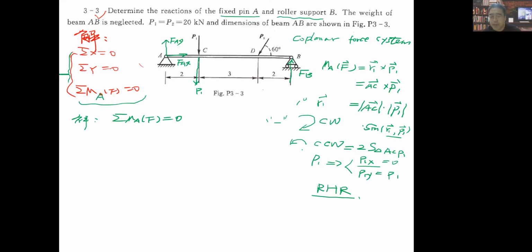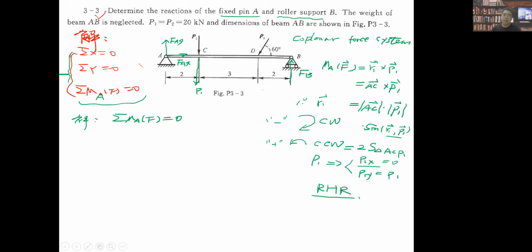So this time you'll find it should have a positive sign, right? So about the moment of a force to a point in the plane, you guys should remember this. Especially this sign.